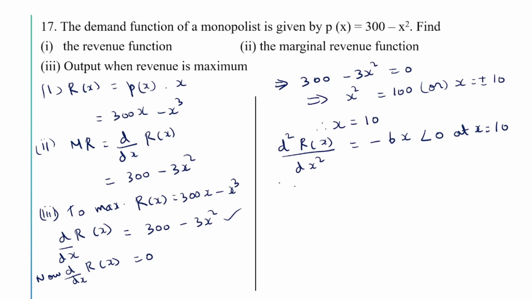Therefore, we can see that x is equal to 10 is a point of local maxima. So we have to find the output when the revenue is maximum. Therefore, required output is equal to 10 units.